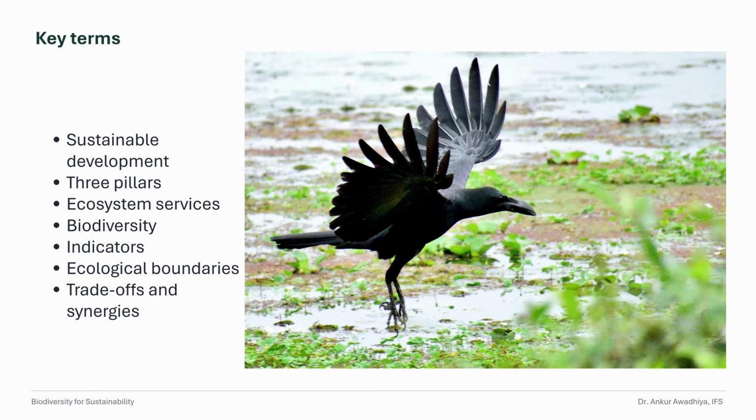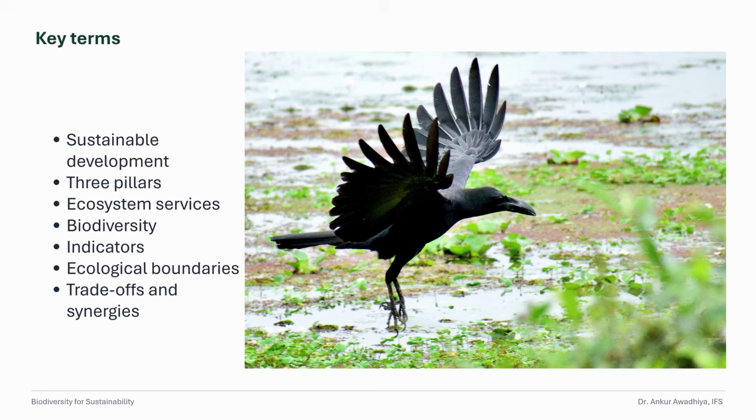Let us gather the key terms from this week. Sustainable development gives the overall direction. The three pillars organize the analysis. Ecosystem services make visible the ways ecological systems support human activities. Biodiversity helps explain system function, resilience, and the early warning signals of ecological stress.